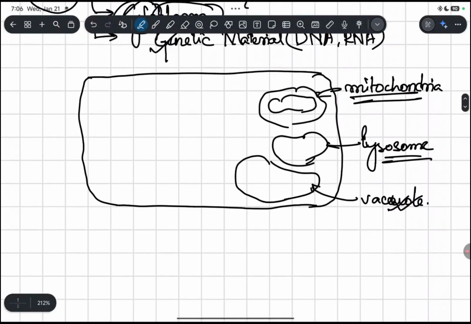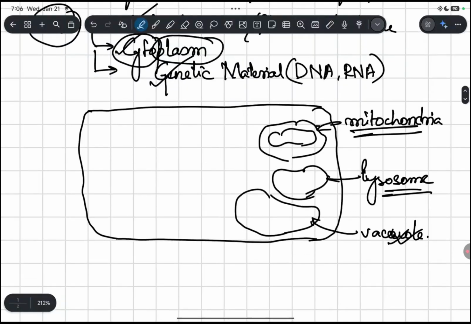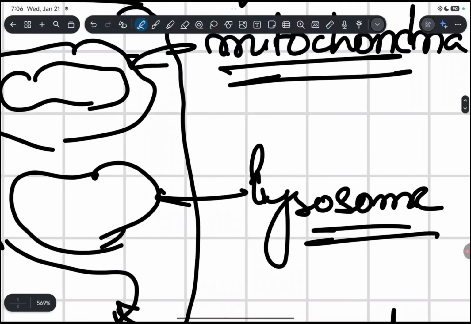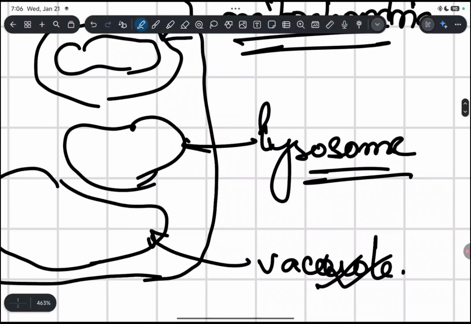So in mitochondria, what happens? Aerobic respiration happens. So how does this generate energy? What is aerobic respiration? It is glucose with oxygen giving rise to energy. What is glucose? C6H12O6.